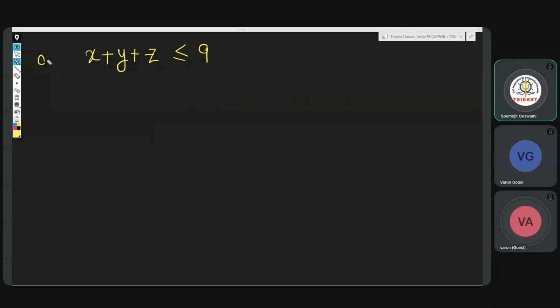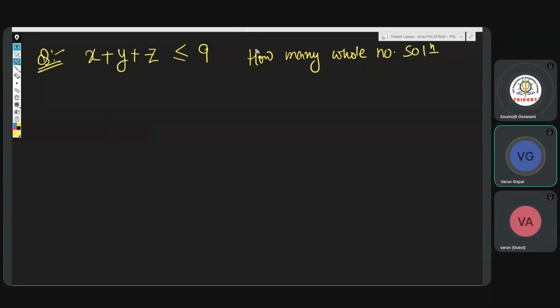You need to find how many whole number solutions. This is now, I am trying to revise you. What is it that we understood earlier, that we know something about the equality, not inequality. So we will have to transform first of all. Oh, this is the only one that I have not taught you.